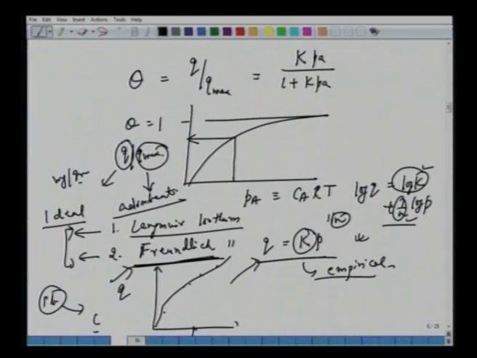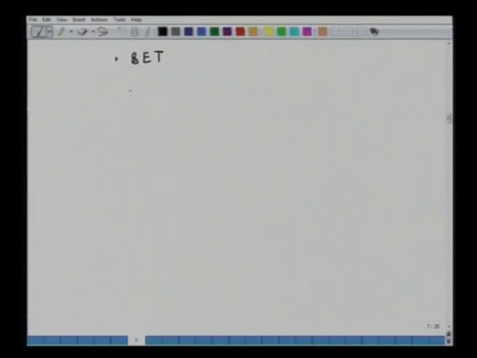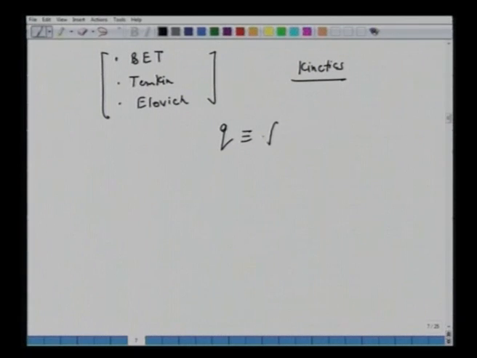Of course, there are several types of isotherms, which just for your knowledge, one is the BET isotherm, one is Temkin, one is Elovich. If you are interested, you can go through any books on kinetics to be familiar with different types of isotherms. All these isotherms give a relation between Q and a function of concentration or partial pressure.